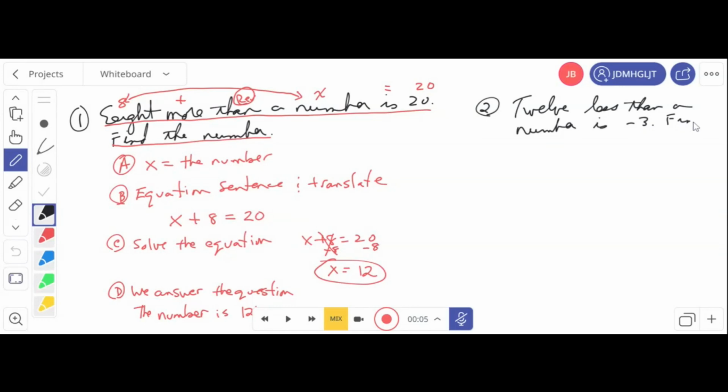Find the number." 12 less than a number is -3. Find the number.